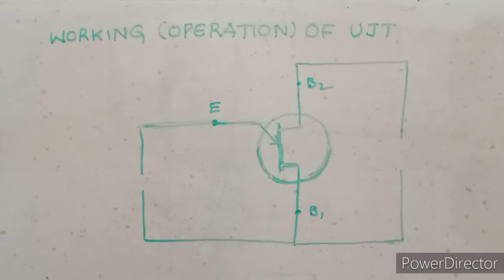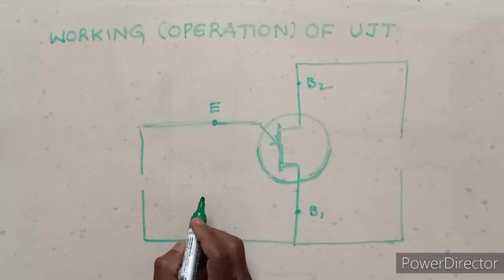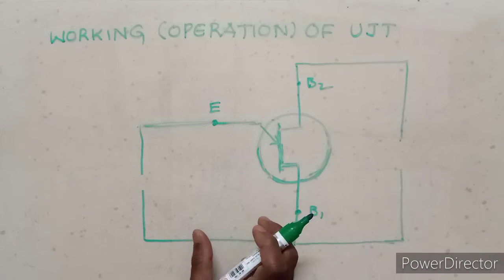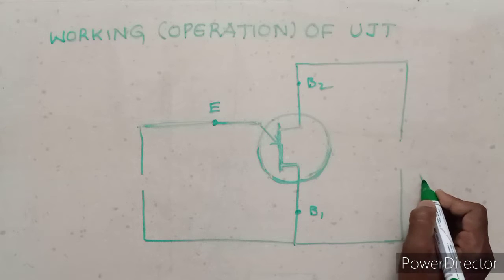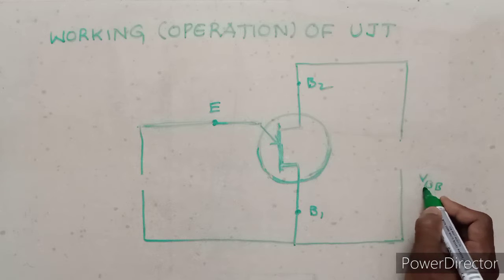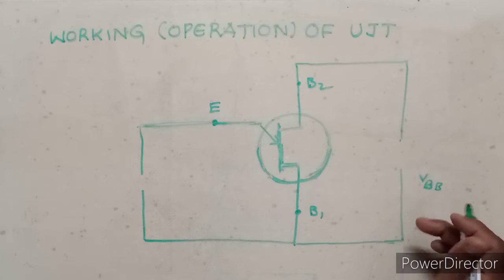Next, the base voltage is denoted as VBB, the voltage across the two bases.